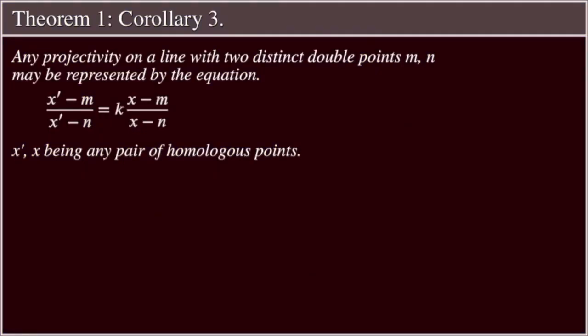Corollary 3. Any projectivity on a line with two distinct double points M, N may be represented by the equation the quantity x' minus m divided by the quantity x' minus n is equal to k times the quantity x minus m divided by the quantity x minus n, x', x being any pair of homologous points.